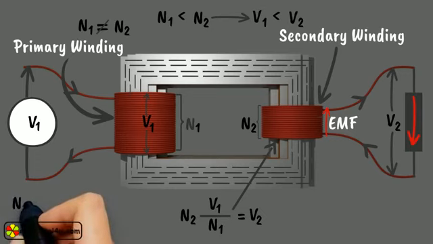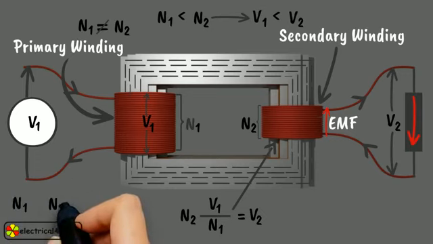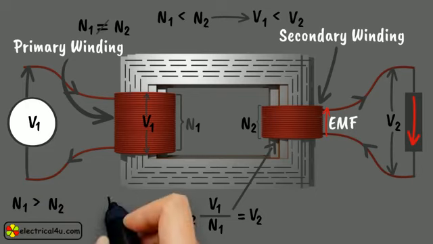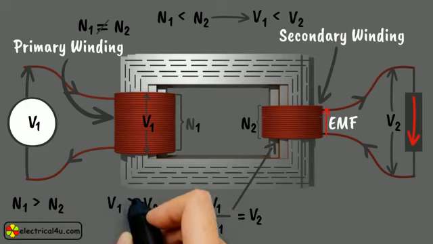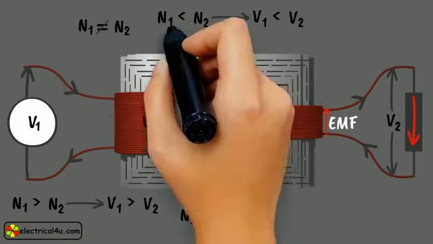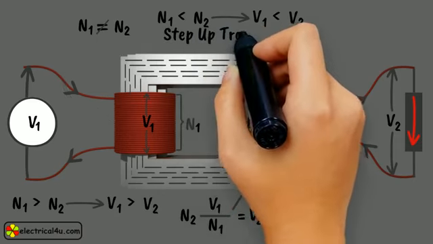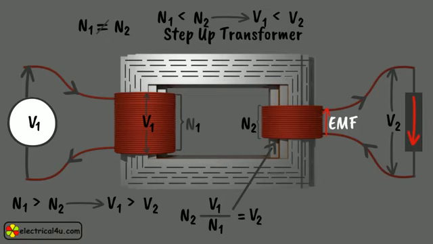On the other hand, if N2 is less than N1, the secondary voltage is less than the primary voltage. The former is called a step-up transformer, and the latter is called a step-down transformer.